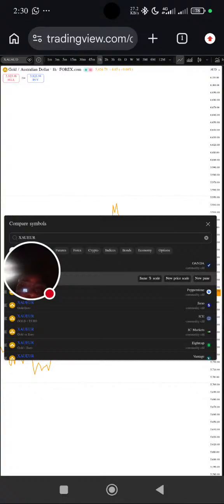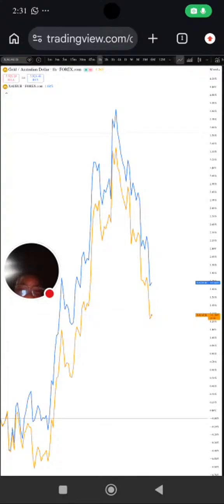XAU AUD will be at the top, while XAU, we have the two pairs, right? So the blue is the XAU euro and the orange is XAU AUD, as you can see.